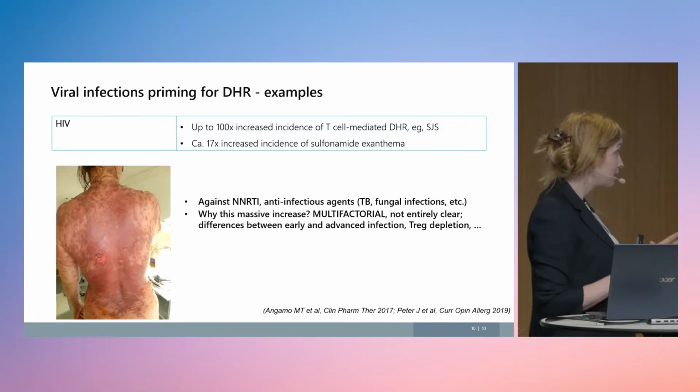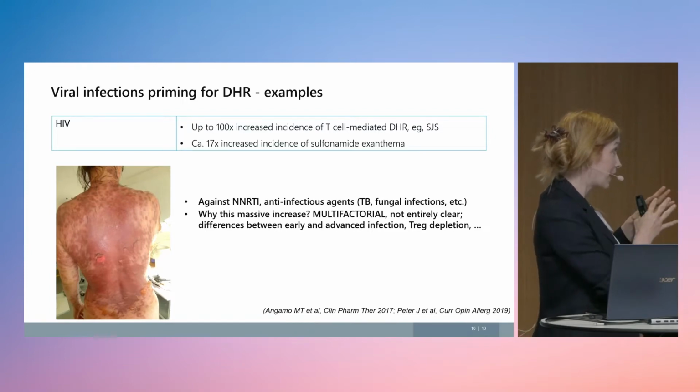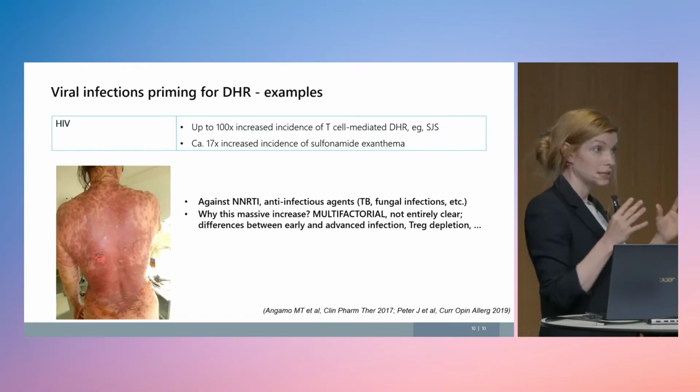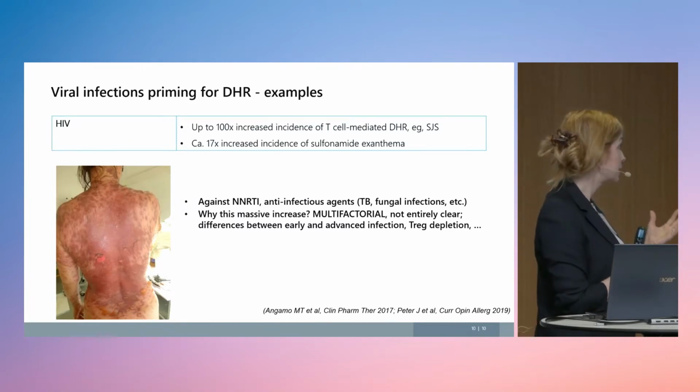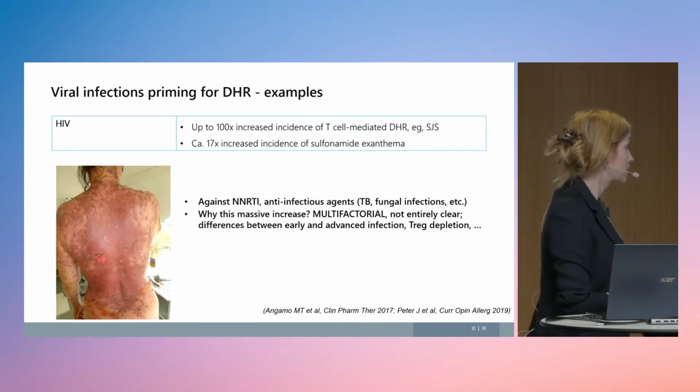Of course, in HIV patients, the situation is even more complex because we have so many changes in the T-cell compartment. So there's Treg depletion, and then also the level of viremia, of course, plays a role, and the very particular medications that they receive, so the NNRTIs, and also other anti-infectious agents.